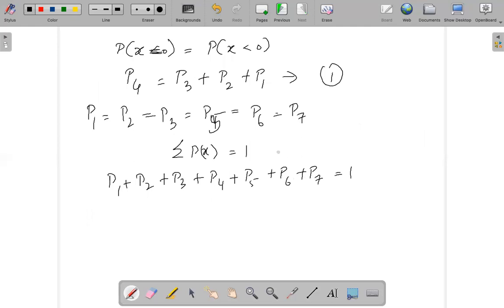So I got these results now, 1, 2, and 3.